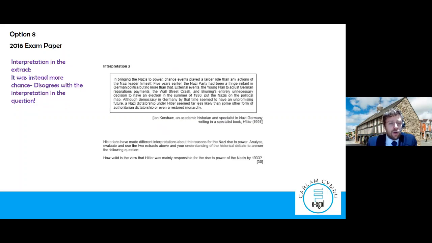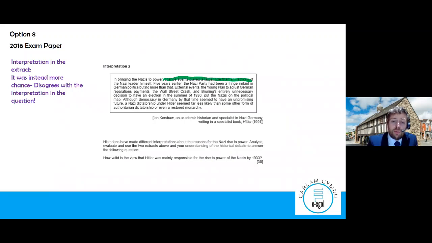In contrast then, interpretation 2 tells us: in bringing the Nazis to power, chance events played a larger role than any actions of the Nazi leader himself. 5 years earlier, the Nazi Party had been a fringe irritant in German politics, but no more than that.